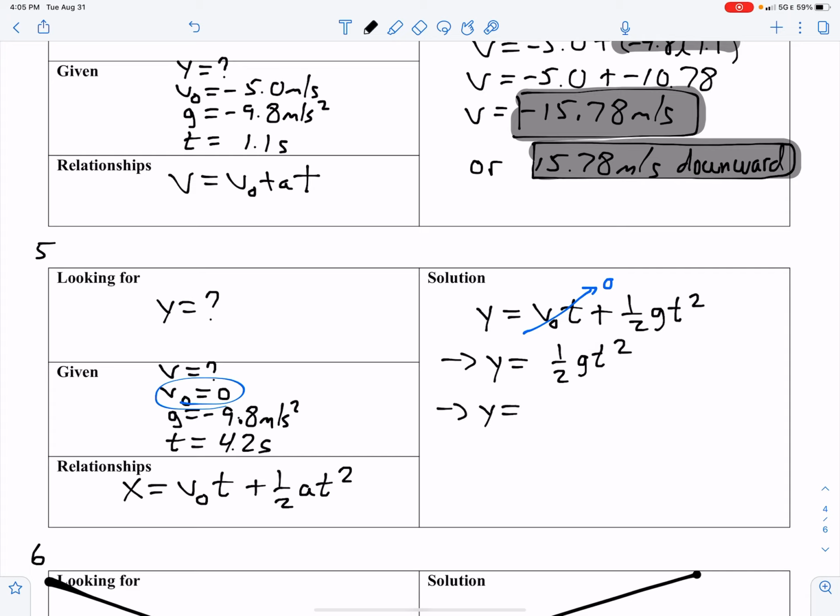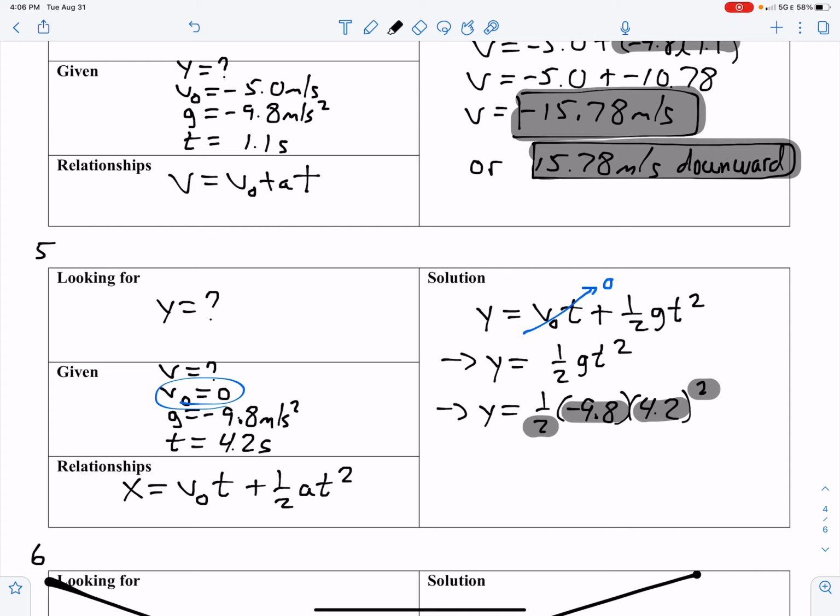When you plug into it, we have y equals 1/2 times negative 9.8 times 4.2 squared. Now, to run this calculation correctly, we need to go 4.2, square it, times negative 9.8, then divided by 2.